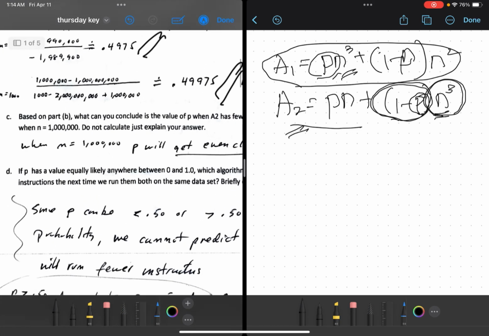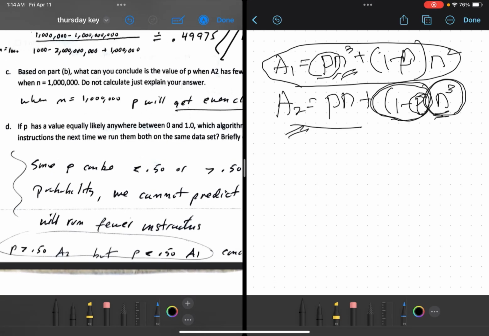So that's what has been written here. If p is greater than 0.5, it is good for A2, and A2 will run fewer instructions. If p is less than 0.5, then it's bad for A2, so A1 will run fewer instructions.